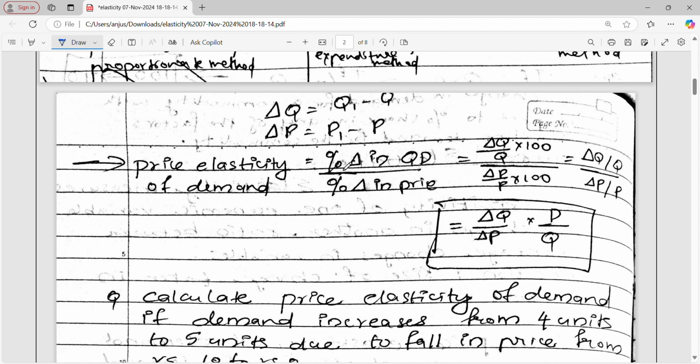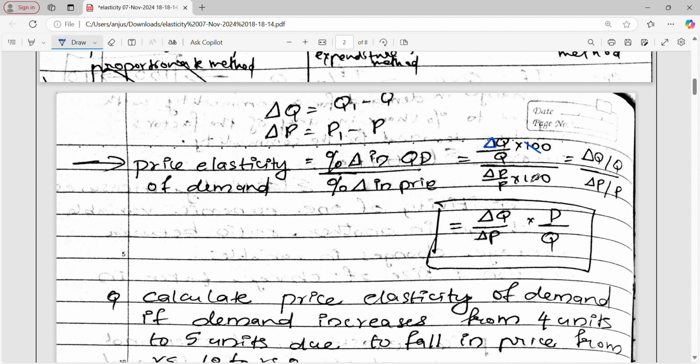So here the percentage change in quantity demanded is divided by the percentage change in price. So how is this percentage change in quantity demanded calculated? This is how it's calculated: change in quantity divided by the original quantity multiplied by 100. Same with the price: the change in price divided by the original price multiplied by 100.